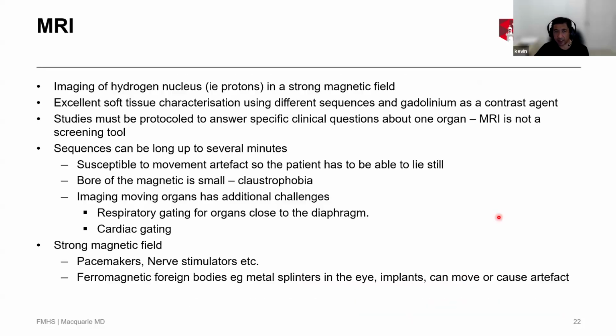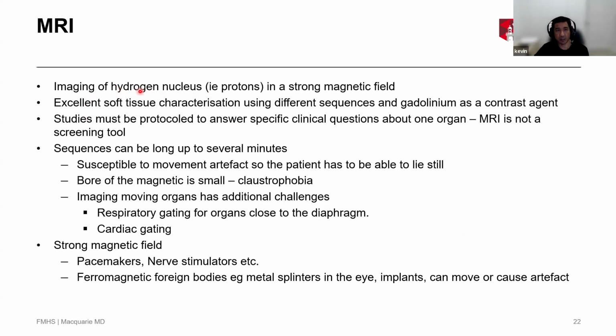The next is MRI. MRI is extremely complex, but to make it really simple, MRI does not use ionizing radiation. So X-ray and CT, we're using X-rays, we're irradiating the patient. MRI uses a different way of imaging the patient. In fact, what MRI does is it just looks at the hydrogen nucleus.